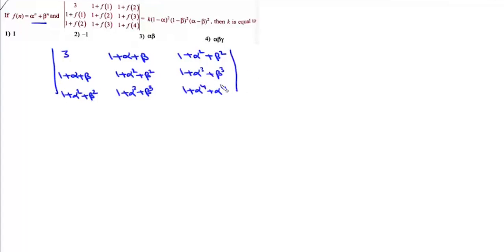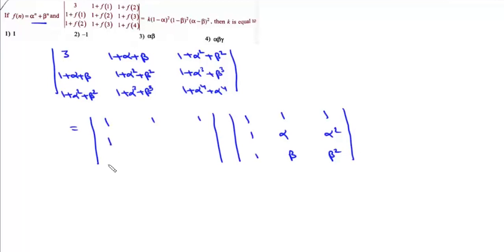Now we can actually express this as a product of two determinants. Now this is 1, 1, 1, and here also we'll have 1, 1 and 1. Now we need 1 plus alpha plus beta, so it is 1, alpha, beta, and here will be 1, alpha square, beta square, and this we can take 1, alpha, beta and 1, alpha square and beta square. Now basically the value of these two determinants is the same because they are A and A transpose.